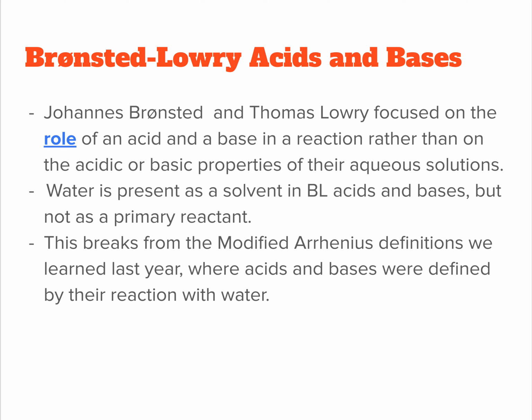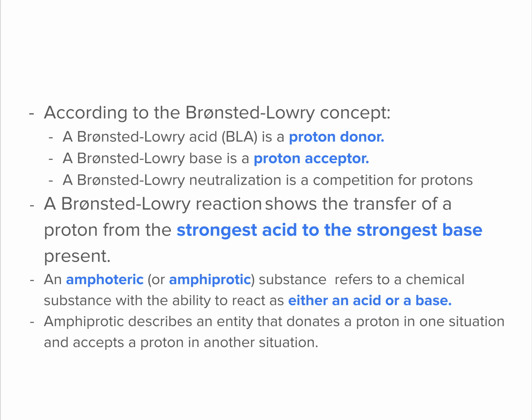react with other chemicals. So the way the Bronsted-Lowry definitions work is that a Bronsted-Lowry acid, or a BLA, is any proton donor. A Bronsted-Lowry base, or BLB, is a proton acceptor.